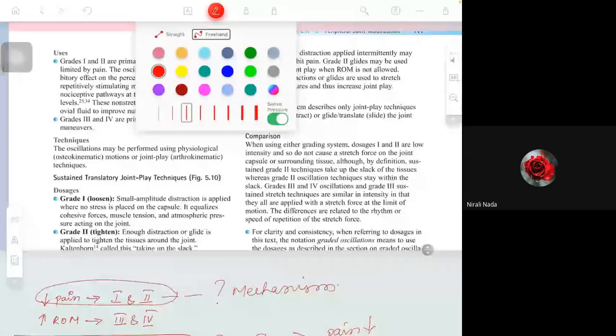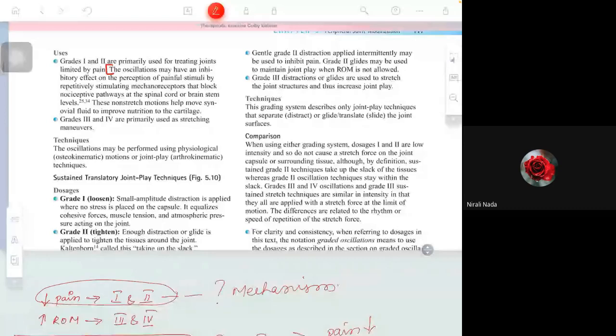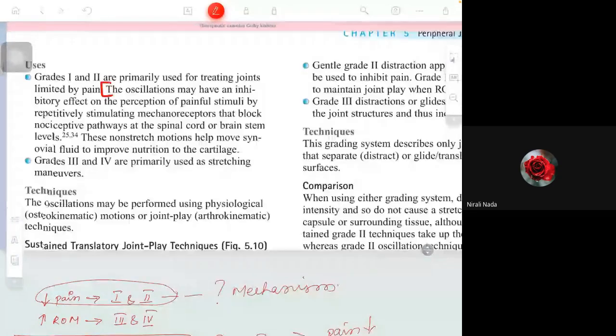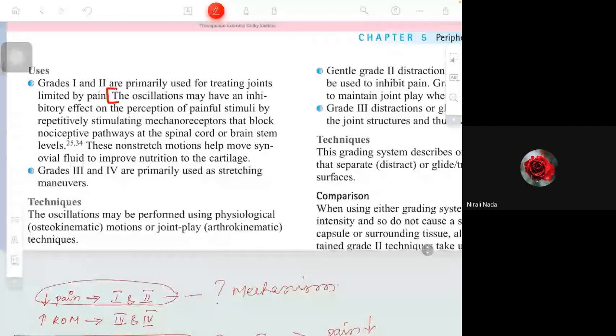See, here from here to here: the oscillations may have an inhibitory effect on perception of painful stimuli by repeatedly stimulating the mechanoreceptors. What are you doing when you do grade 1 oscillation? I have already told you, if the arrow mark is drawn on both sides, it means oscillation.